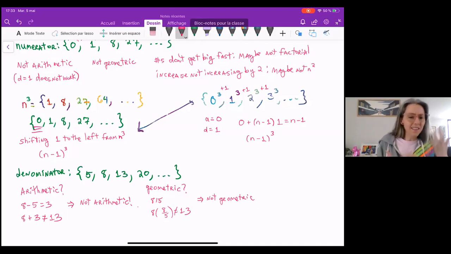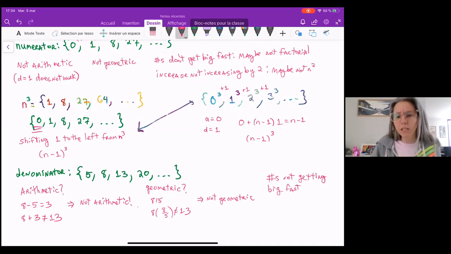Then, again, these numbers aren't really getting big fast. So that means it's probably not a factorial. If we eliminate everything else, we might have to step back to that. But right now, they're not getting big fast. So let's think about something else, at least for the time being.